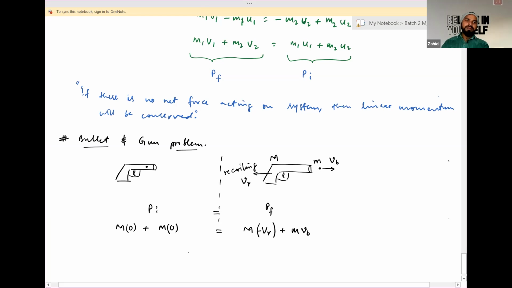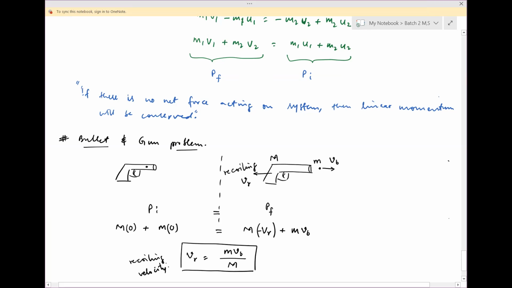Simplifying, you will get velocity of recoiling equals mass of bullet times velocity divided by mass of gun. So this will be our final expression for recoiling velocity of gun. Is it clear? Yes, sir.